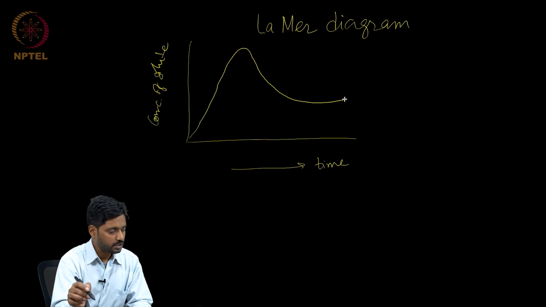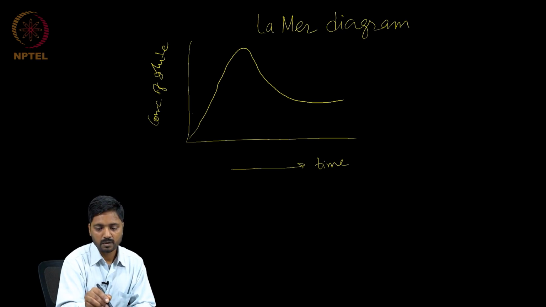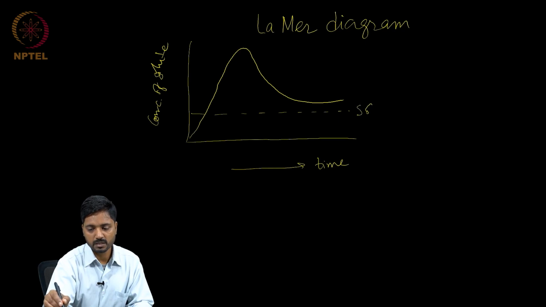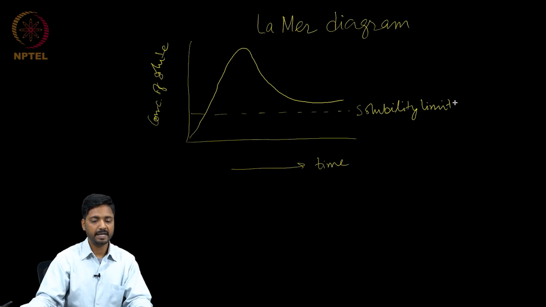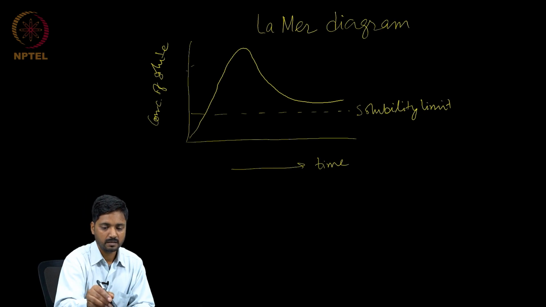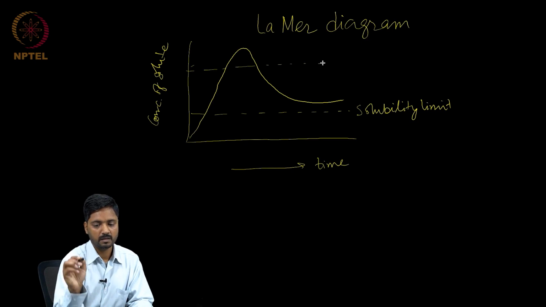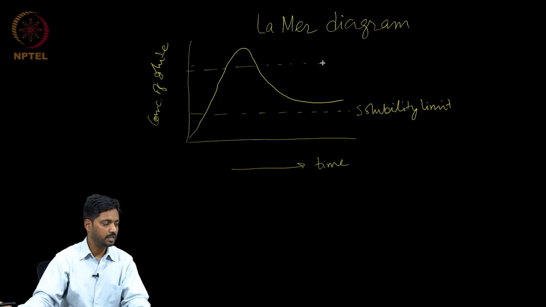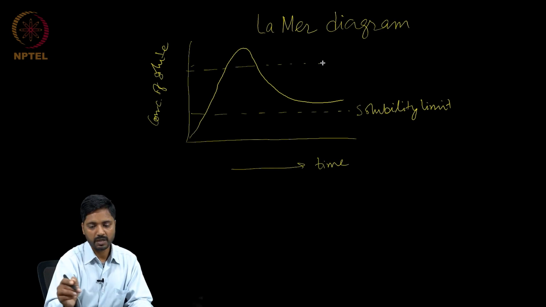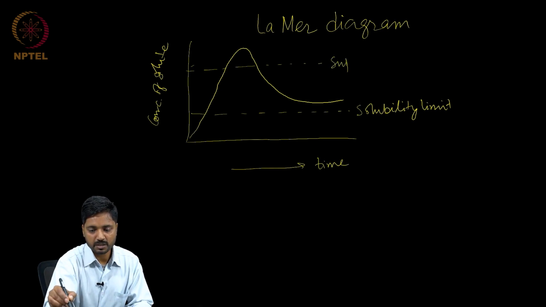This point is known as the solubility limit, and a point somewhere here is known as the supersaturation limit.